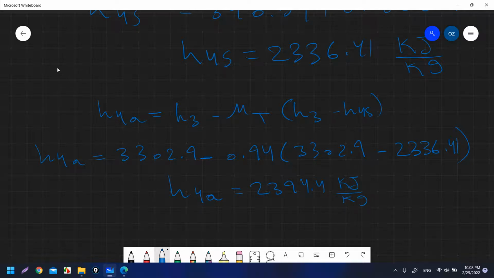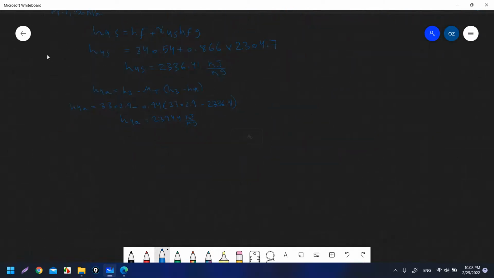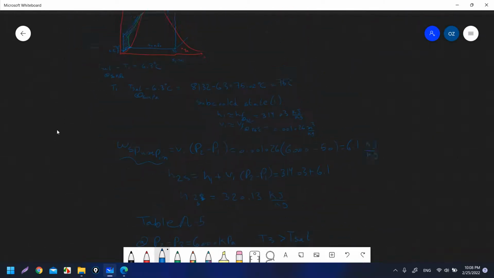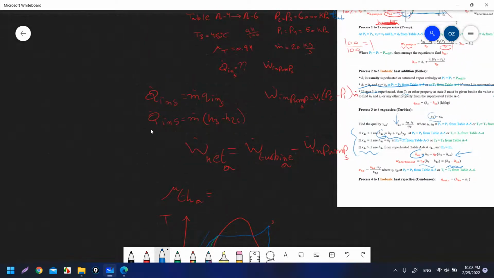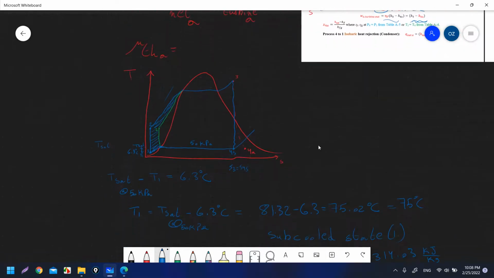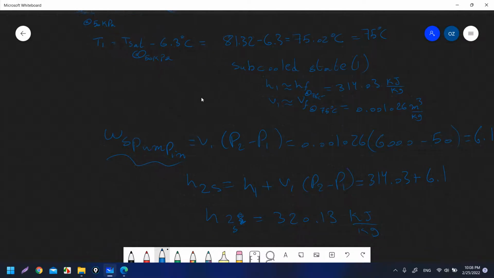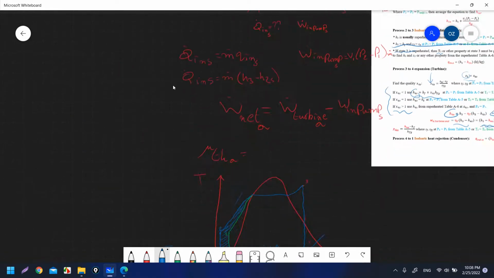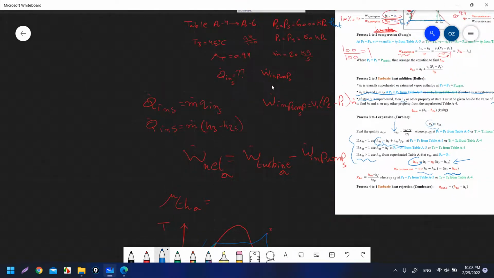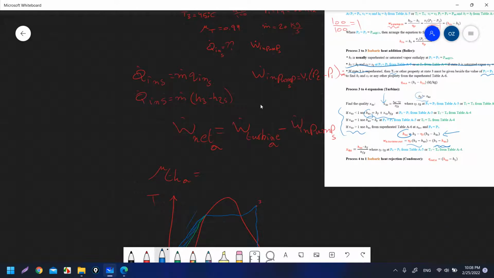And now we can go to the second requirement, which is Q dot N, the rate of heat addition, which is equal to m dot times H3 minus H2S. We calculated H2S. Then we found the work pump N, but we didn't find the work pump power.